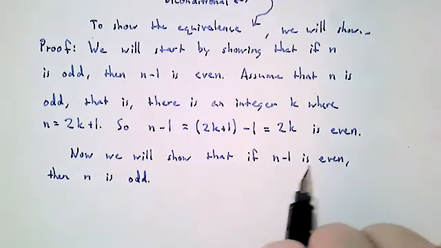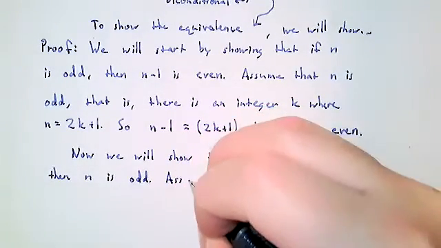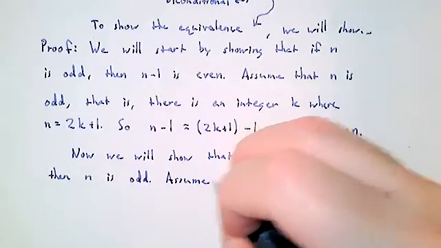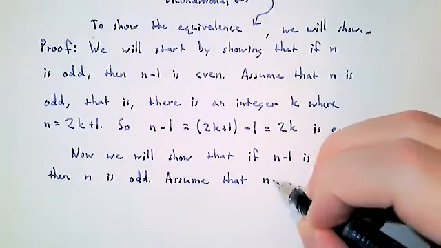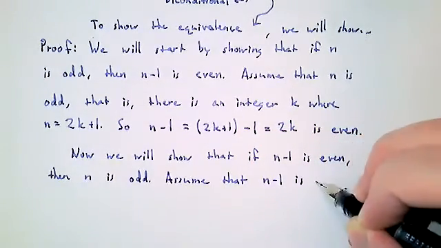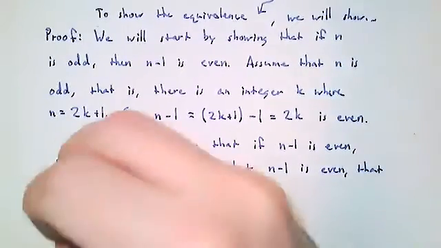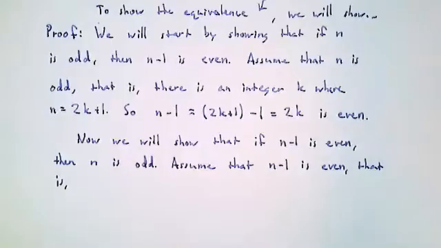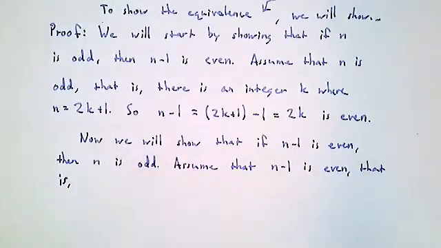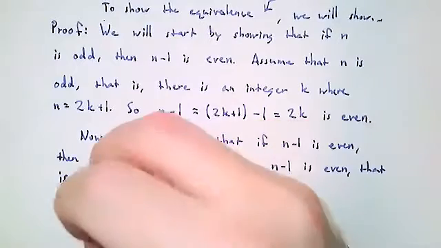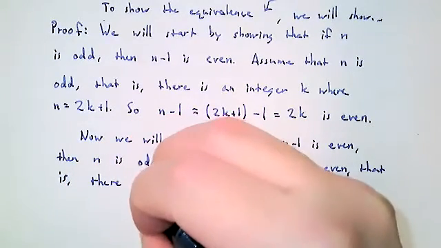So now we're going to assume that n minus 1 is even. And remember, that means that there's an integer. Let's use a different symbol than we used before, something different than k. So there is an integer, maybe L.